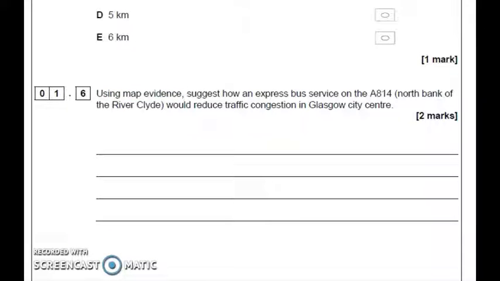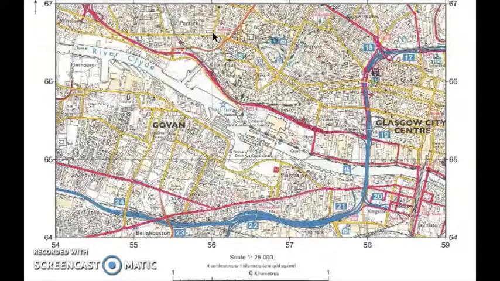1.6. Using map evidence, suggest how an express bus service on the A814 would reduce traffic congestion in Glasgow city centre. So key thing, it says using map evidence, but basically it's saying how can a very quick and direct bus service help reduce traffic jams. So if we go to the map, we'll find the road. Here it is, the A814.